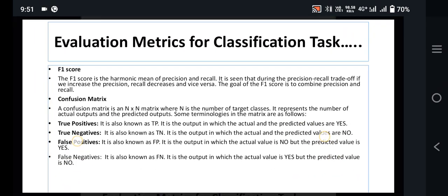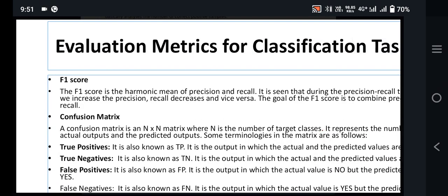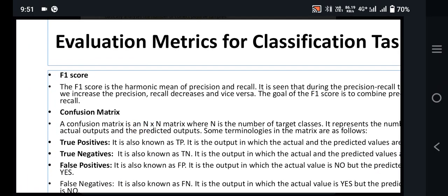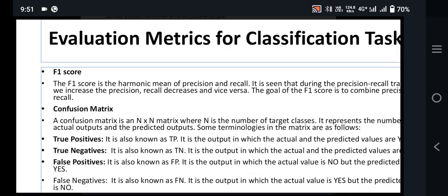The next parameter is F1 score. It is the harmonic mean of precision and recall. It is seen that during the precision recall trade-off, if we increase the precision, recall decreases and vice versa. The goal of the F1 score is to combine precision and recall.